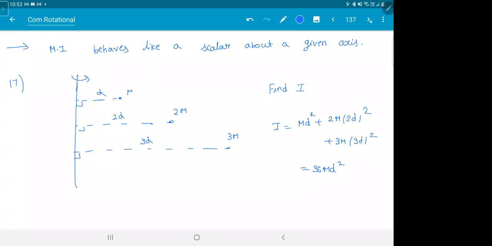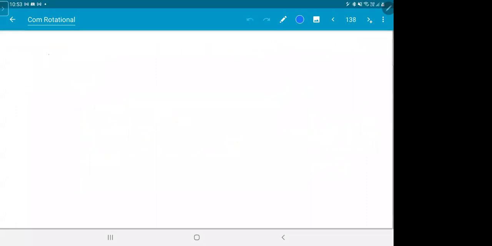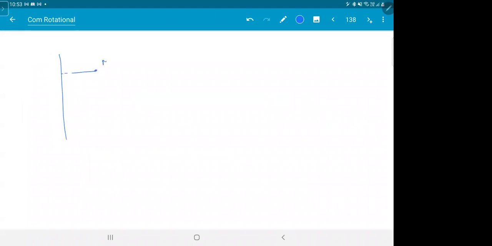Next thing, now there is something about this. Suppose it had been given like this: this is m, d, this is 2m, 2d, this is 3m and 3d, right?